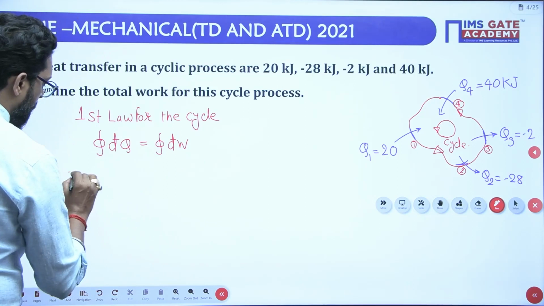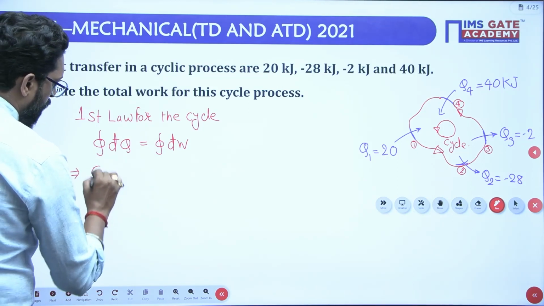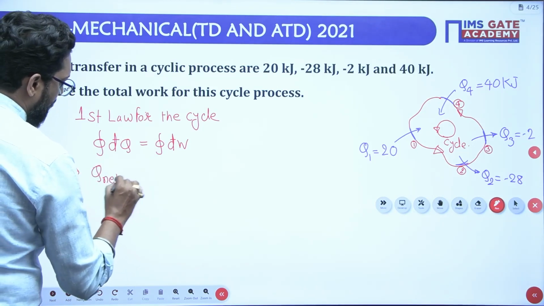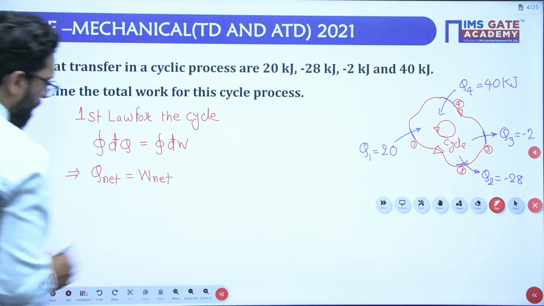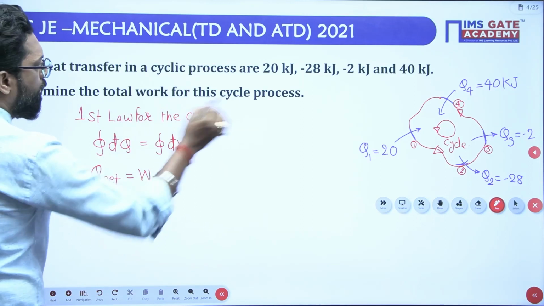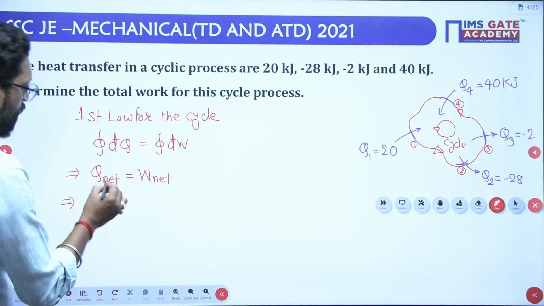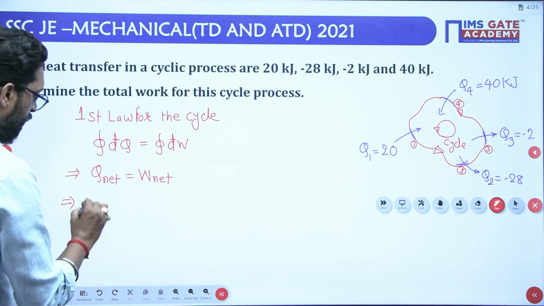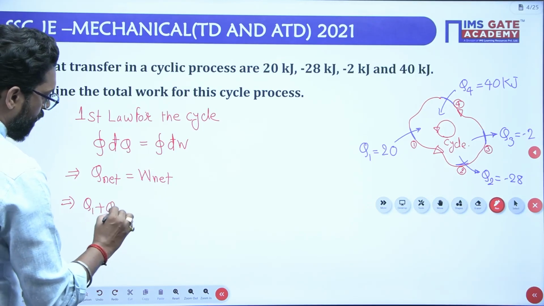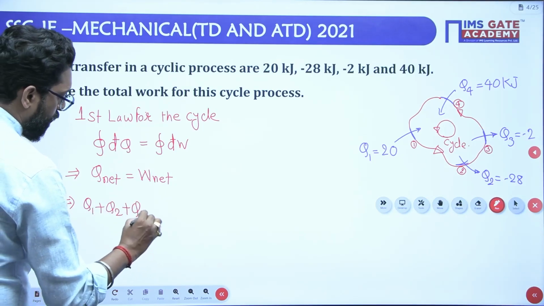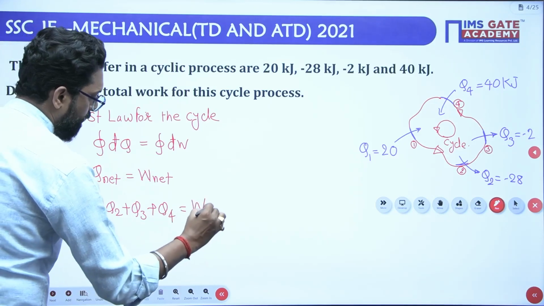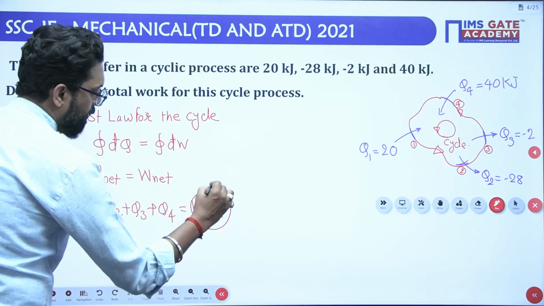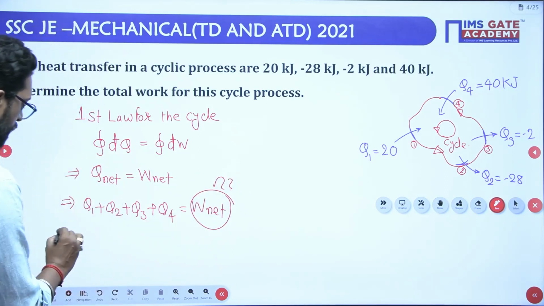We can write Q net is equal to W net. So here you have the total work done during the process. Q net is equal to Q1 plus Q2 plus Q3 plus Q4, and that is equal to W net. So you have to find the W net by putting in all these values.